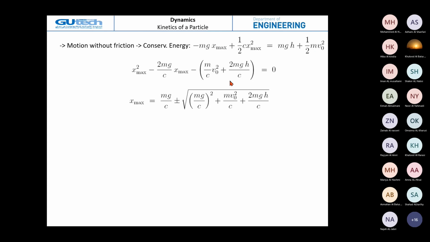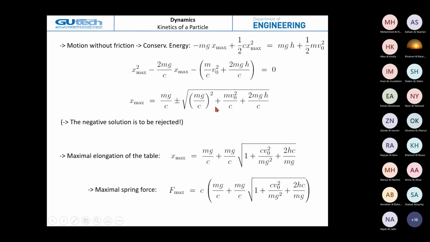If we replace now, we get x max given by the following expression. There are two terms, plus or minus. The negative solution is to be rejected. So we have to take mg divided by c plus the square root of this expression. Here the maximum elongation of the table, x max, is given by the following relation.